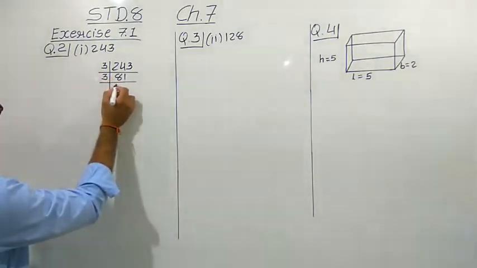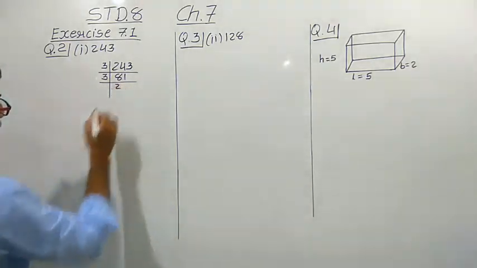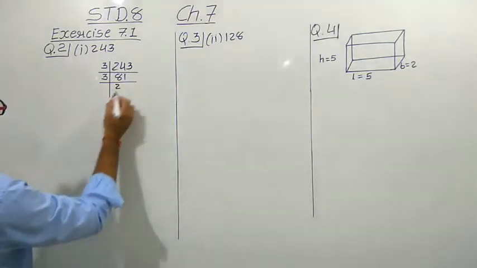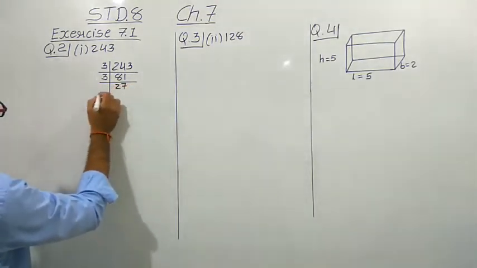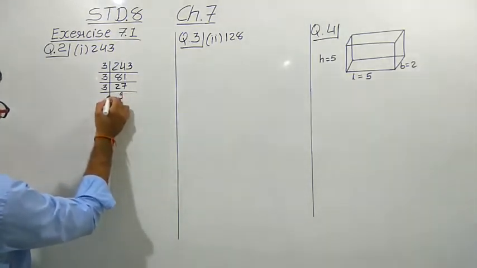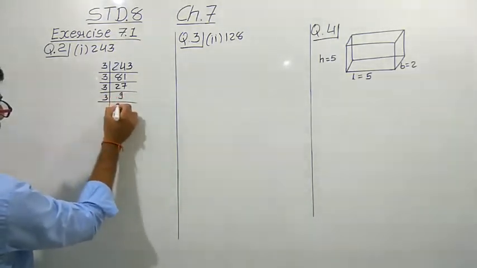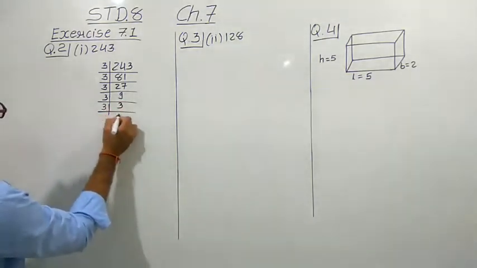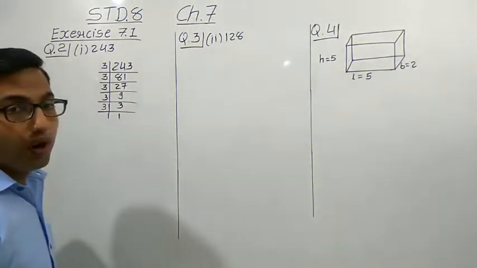We get 27, since 3 2s are 6, remainder 2, 21, so 3 7s are 21. Again divide it by 3, we get 9. 3 9s are 27. Again divide it by 3, we get 3. And again we divide by 3, we get 1.